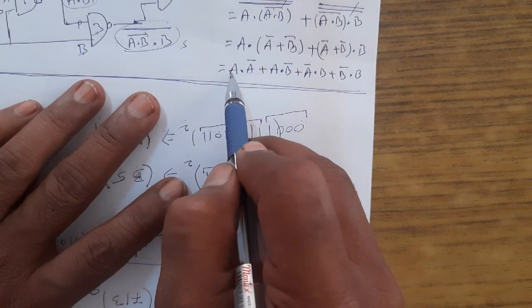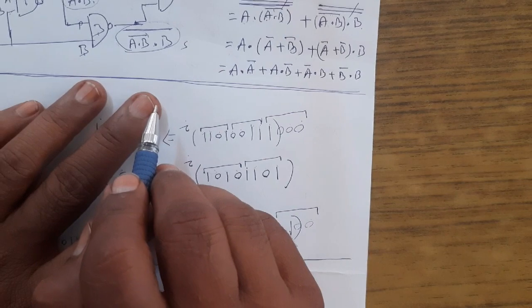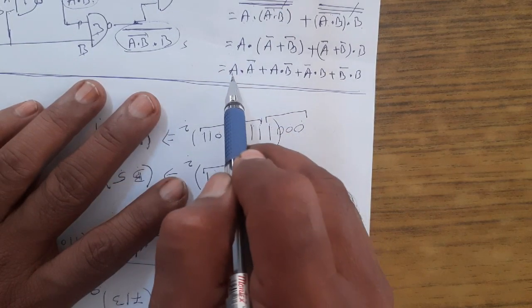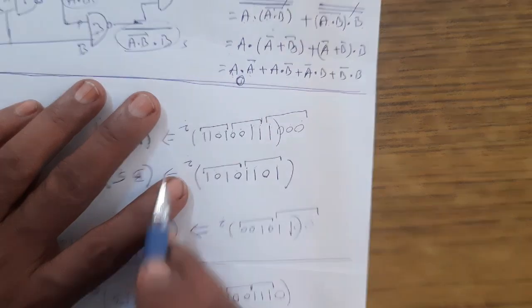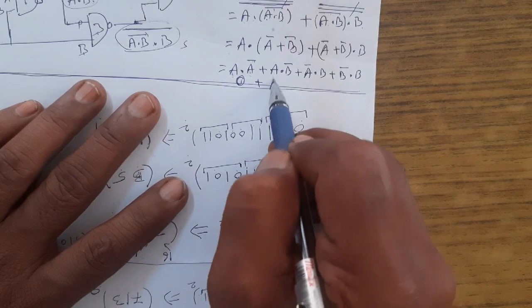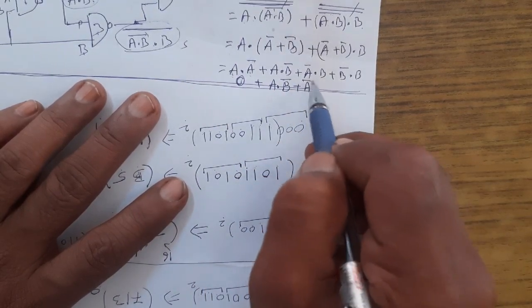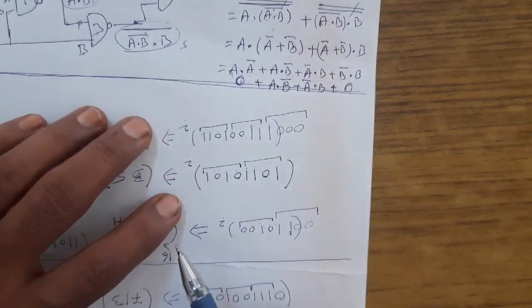Suppose A is 0, then A bar becomes 1. Therefore 0 and 1, it is 0. If A is 1, then A bar becomes 0. Therefore 1 and 0 will be 0. Therefore for all time this will be 0 plus this will be A and B bar plus A bar and B plus this will be 0.